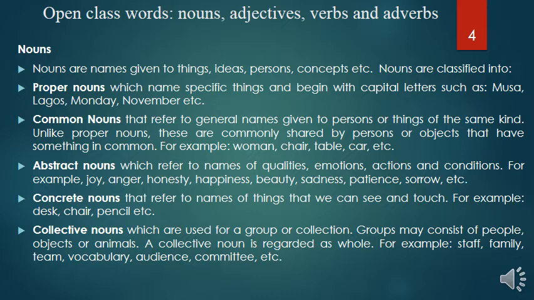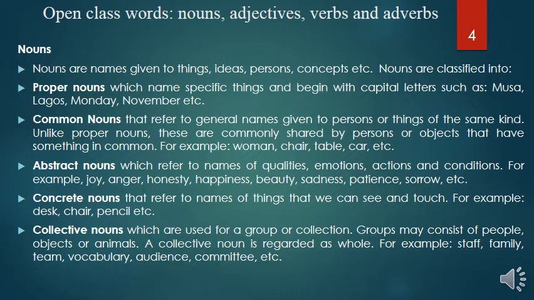That is, any category that has certain features in common, they are given this name, that is common nouns. For example, when I say a woman, it could be any woman, also a chair. The common noun for a person is a woman. When I say a woman, it could mean any woman. But when I say Aisha, then it is a proper noun because it is a particular name or specific name given to a woman.